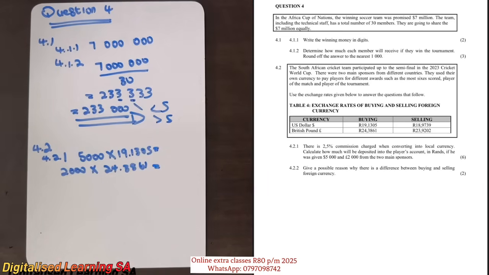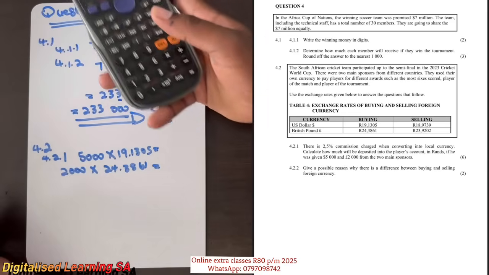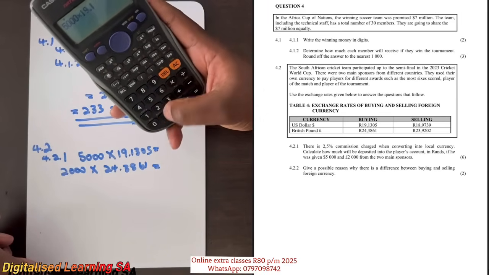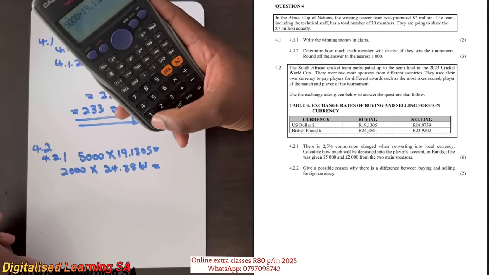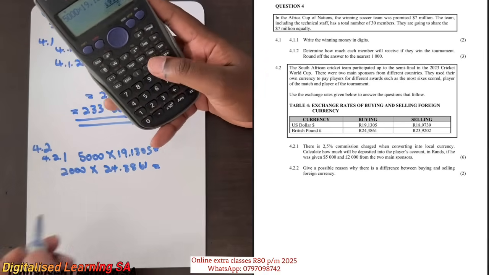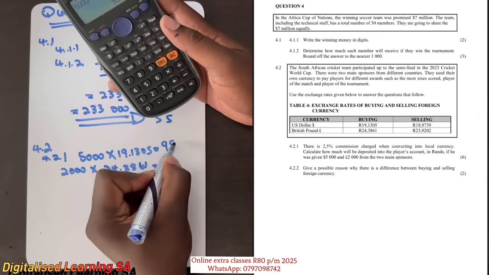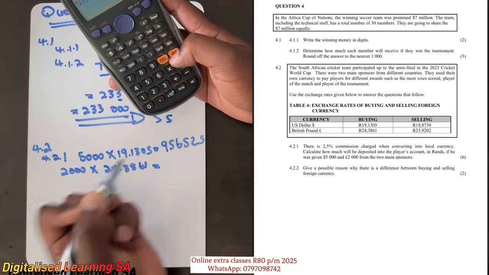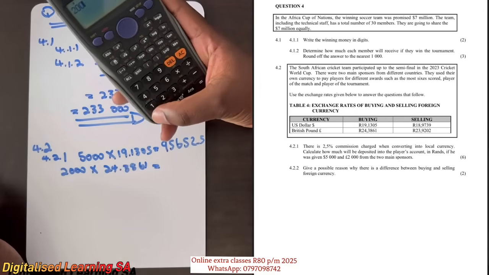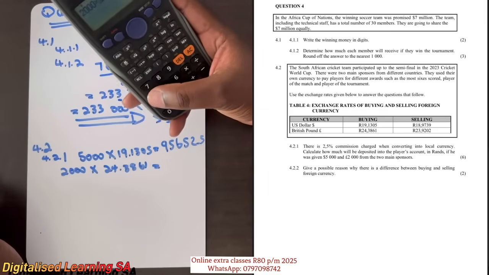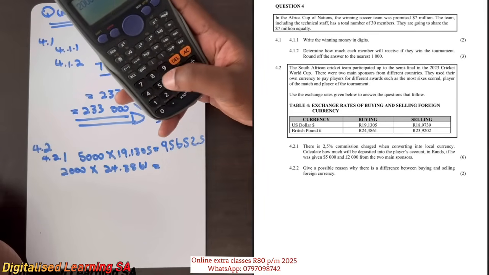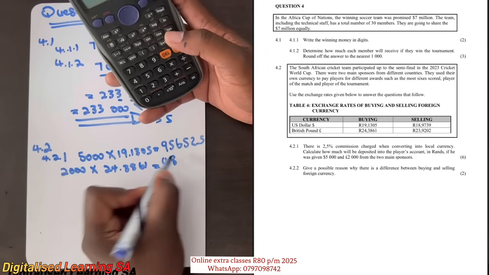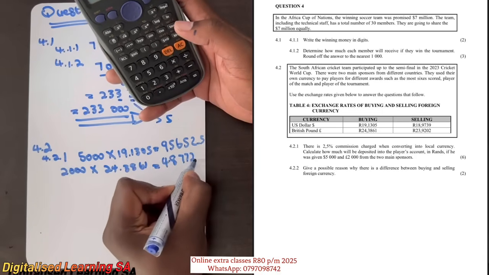Okay, so let's quickly find out how much it will be after converting. So it's 5,000 multiplied by 19.1305, and our answer will be 95,652.5. And then now let's convert the 2,000. So it's 2,000 multiplied by 24.3861, and our answer will be 48,772.2.